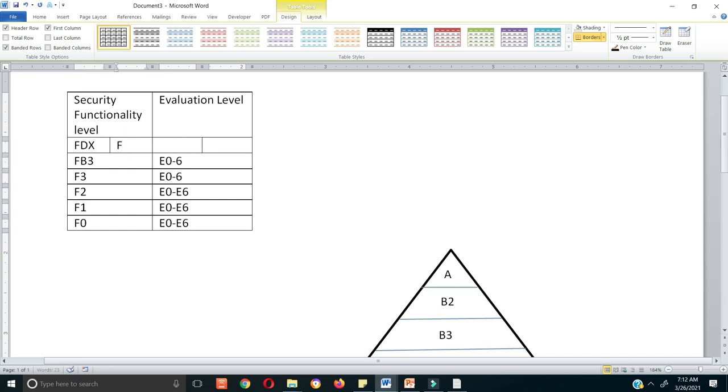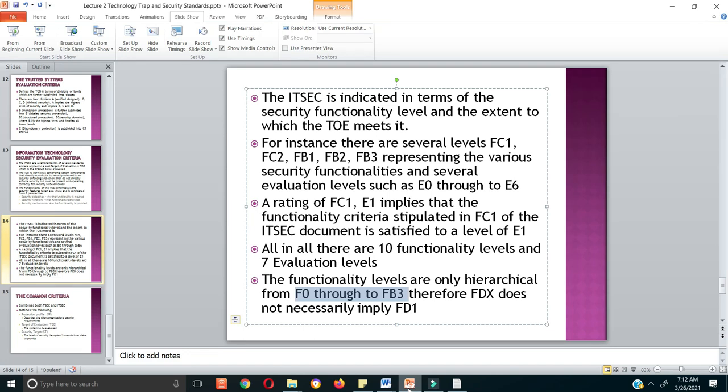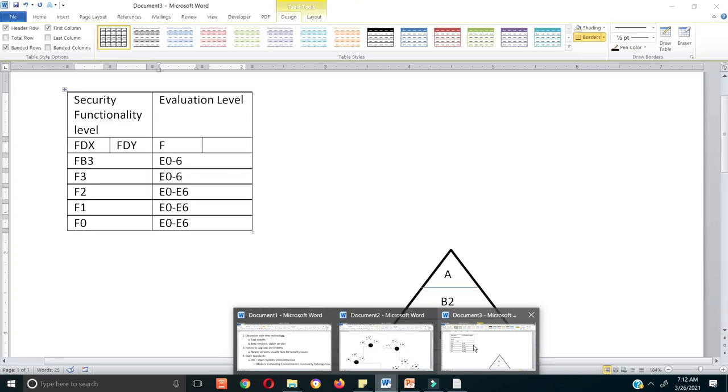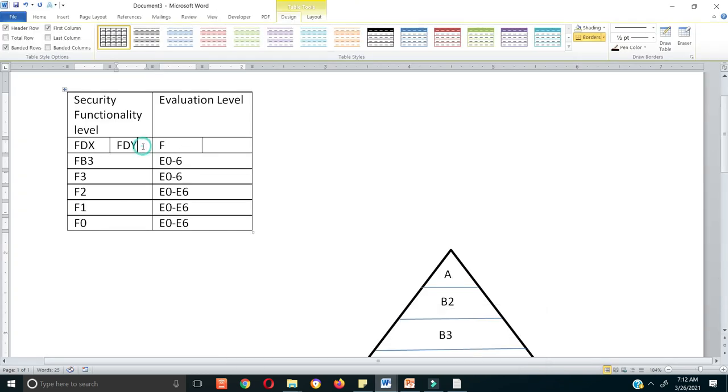Maybe I haven't really read up to find the actual layers, so FD something, and so on and so forth. So for instance, in an FDX system, you actually have FD1, maybe FD2, and so on and so forth.